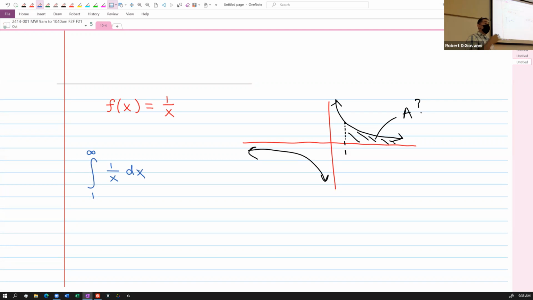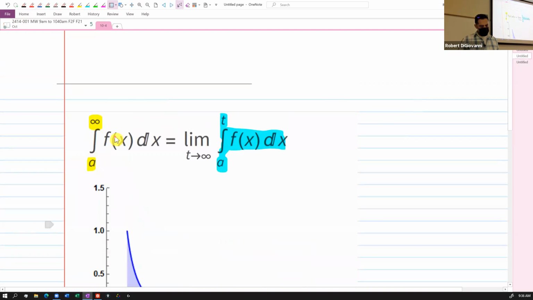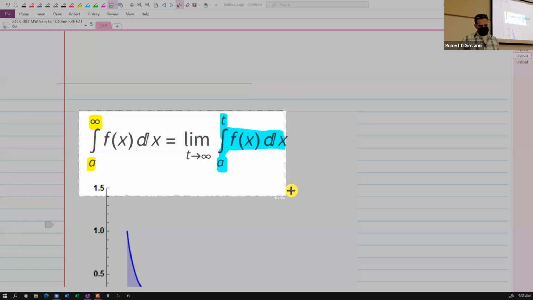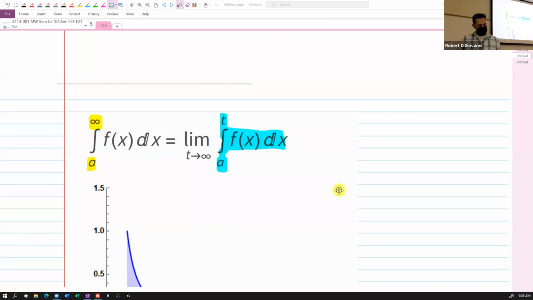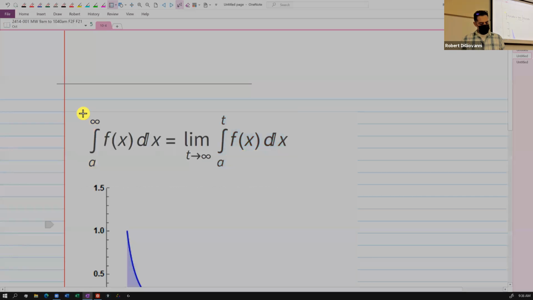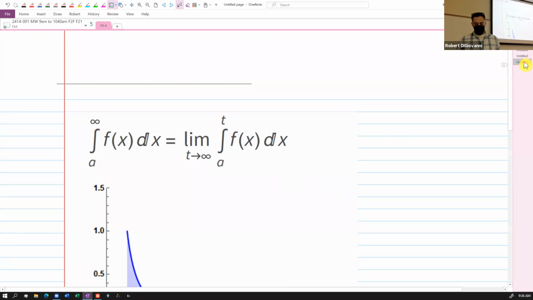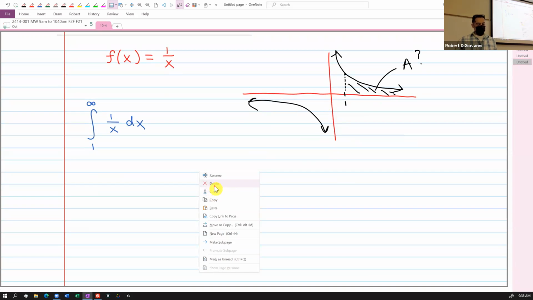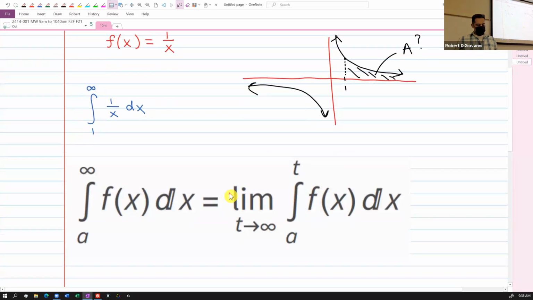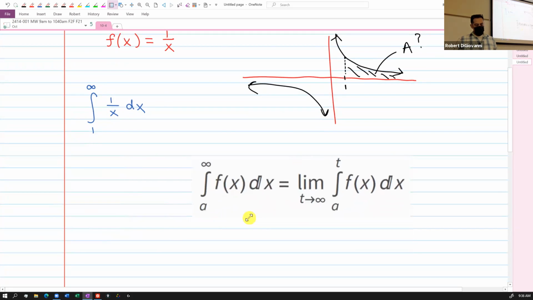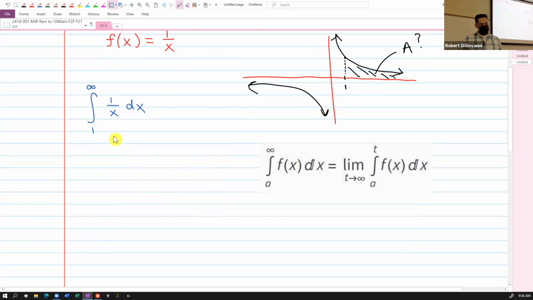Now, according to the definition of this improper integral that I just had up on the board, what I need to do is rewrite this as a limit.